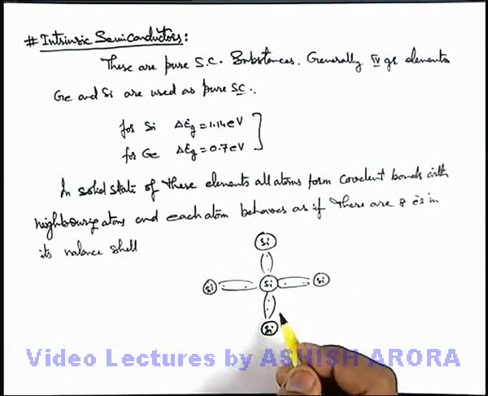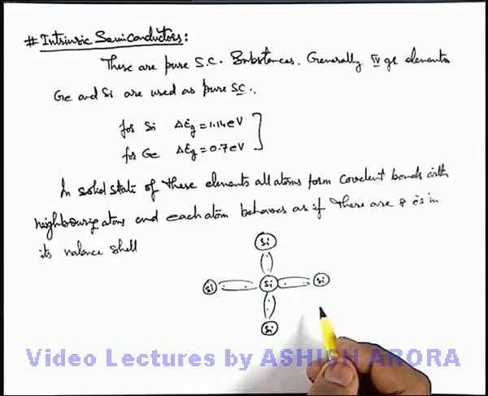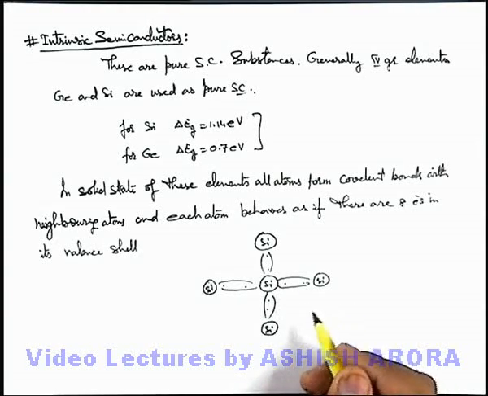Now we'll discuss in detail about the electricity conduction in pure semiconductors, as well as later on we'll discuss extrinsic semiconductors, that is how impurity addition will increase conductivity. But let's first continue with the phenomena of conduction in intrinsic semiconductor only.